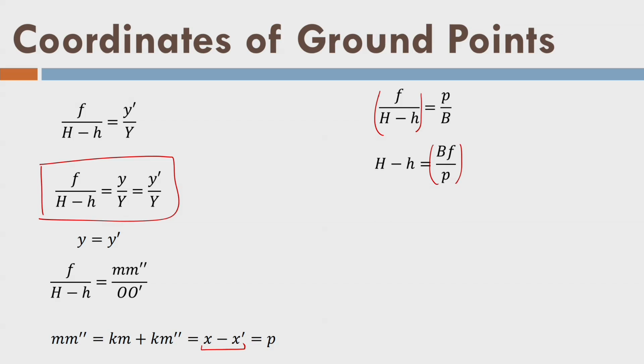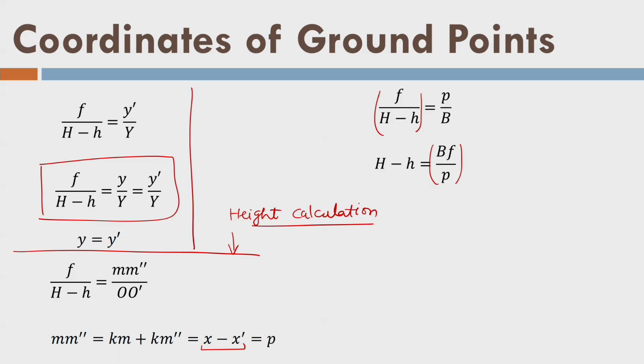If you look carefully, this process we start with the height calculation. Here we have done the planimetric coordinate calculation, that is x and y calculation. From here we start the height calculation, so we are writing this way.